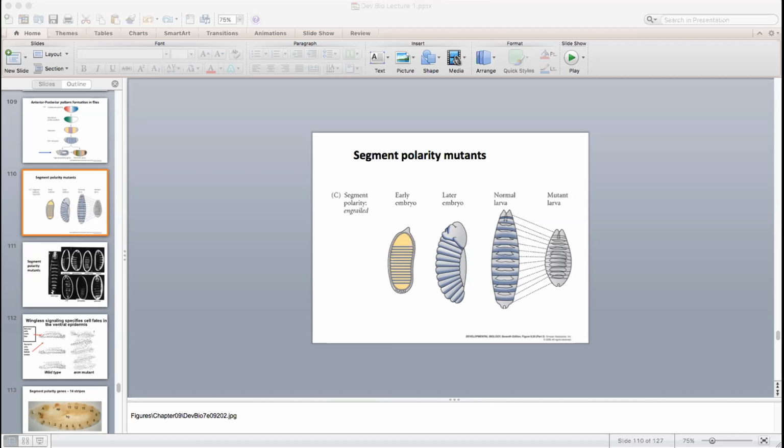I'll come to parasegments in a bit. Yeah, so the screen done by Nüsslein-Volhard and Eric Wieschaus resulted in 3 different types of mutants.